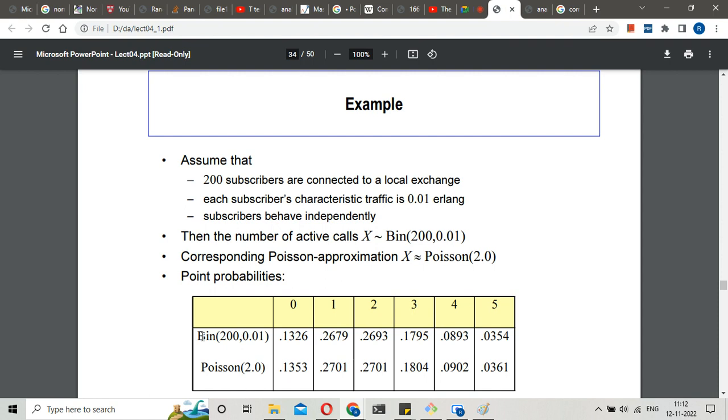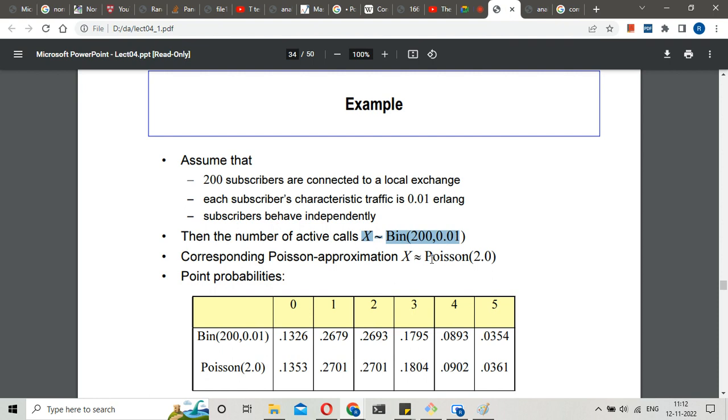So you can see both are quite exact approximations of each other. These values are not too different. The idea is if you increase this 200 to 300, this value will be even closer. That is why they say Poisson is a good approximation for binomial.